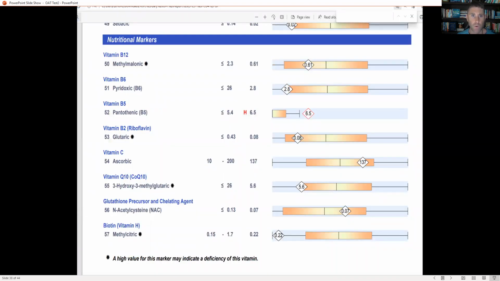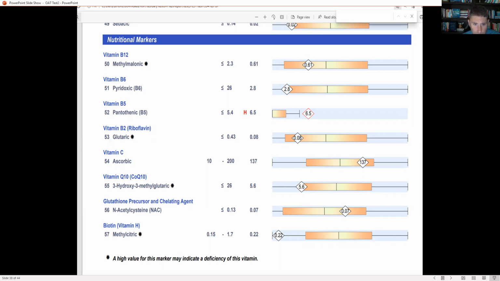So nutritional markers, and you can see the asterisk there next to the vitamin B12 marker, methylmalonic. That means that if that marker is high, it means that we have a B12 deficiency. So you're looking to see if that's high. Same thing with B2, the glutaric acid marker. If that's high, it's a B2 issue.